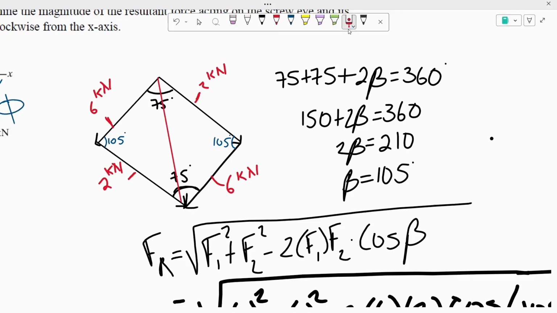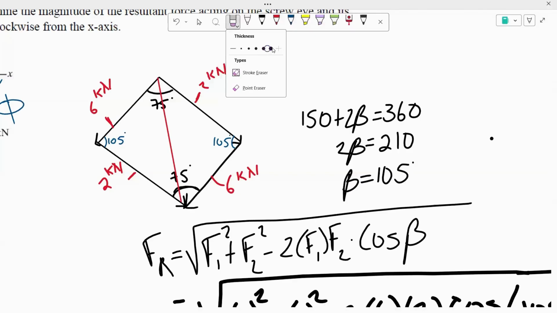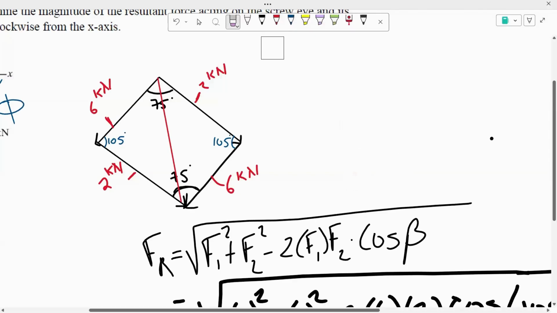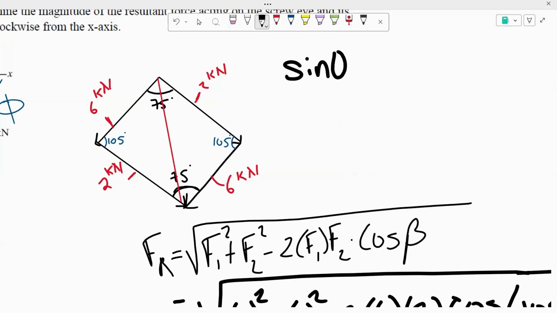How are we going to use the sine law? We could erase this, we no longer need it. What we're going to do is sine of theta over... So theta is right here, like we mentioned earlier. So what's the force on the opposite side of theta?